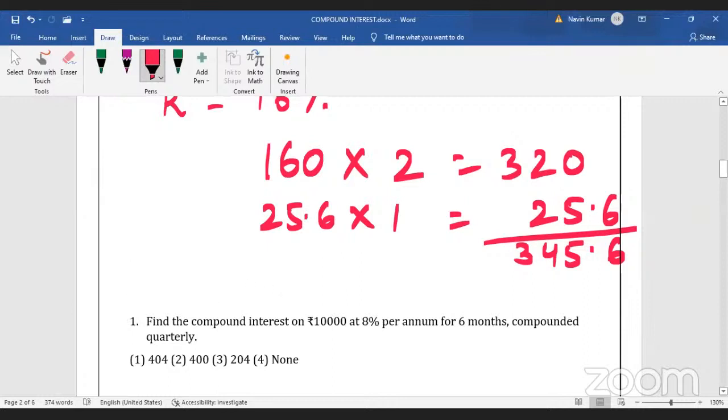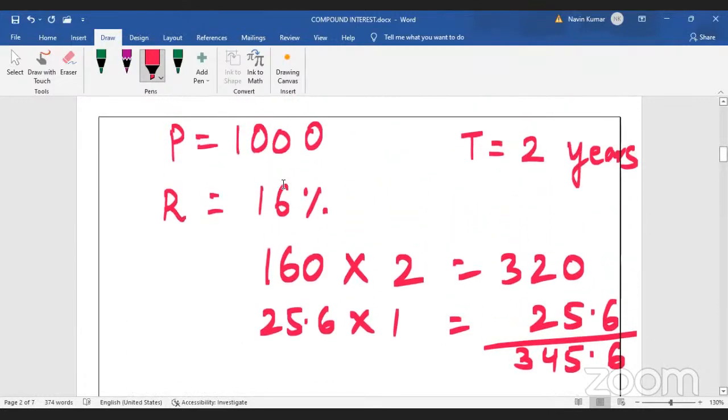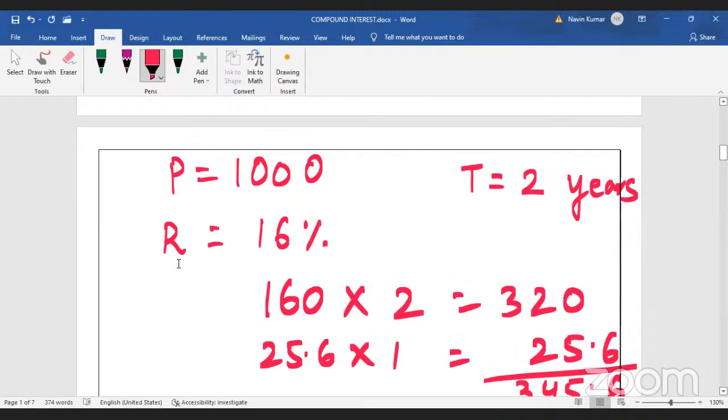अब क्या क्या याद रखना है? This was compounded yearly. If in the same question they say compounded half yearly, in that case, how many half years will be in 2 years? 4. In that case, we'll multiply time with 2 and we'll divide rate with 2.